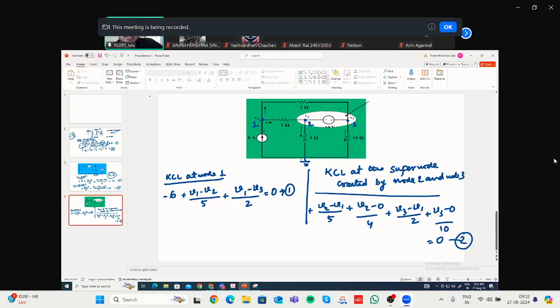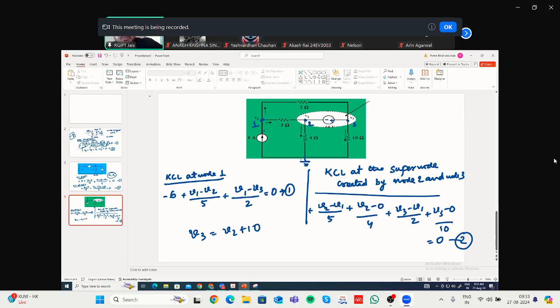Now, we don't know V3, we don't know V2, but this 10 volt will be added to V2. See this plus and minus sign. This is minus, this is plus. Consider V2 to be positive. So V3 will be the addition of V2 and this 10 volt. So V3 you can write as V2 plus 10 volt.